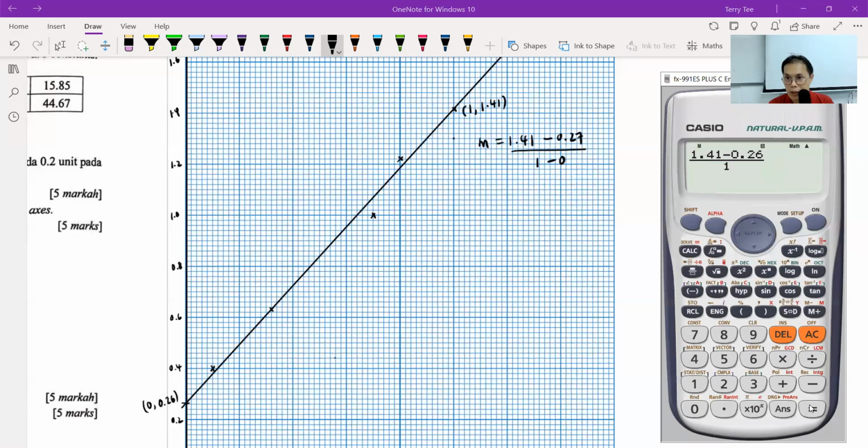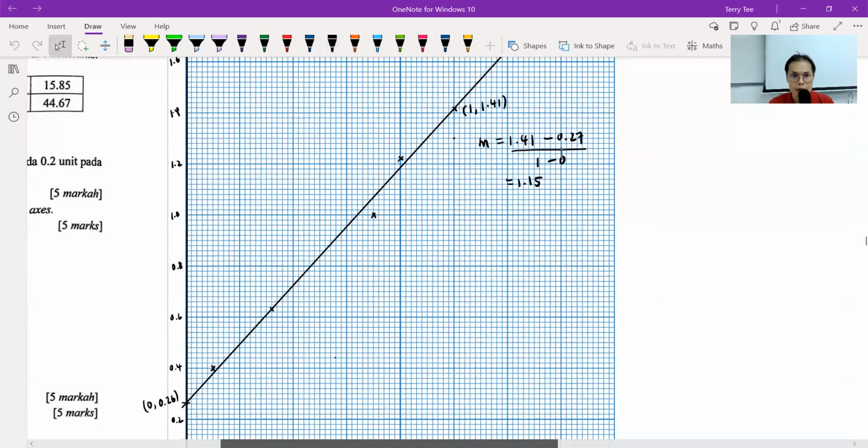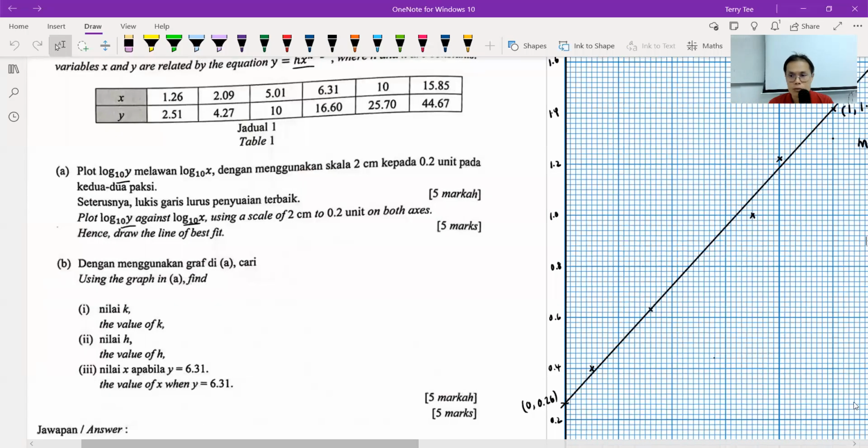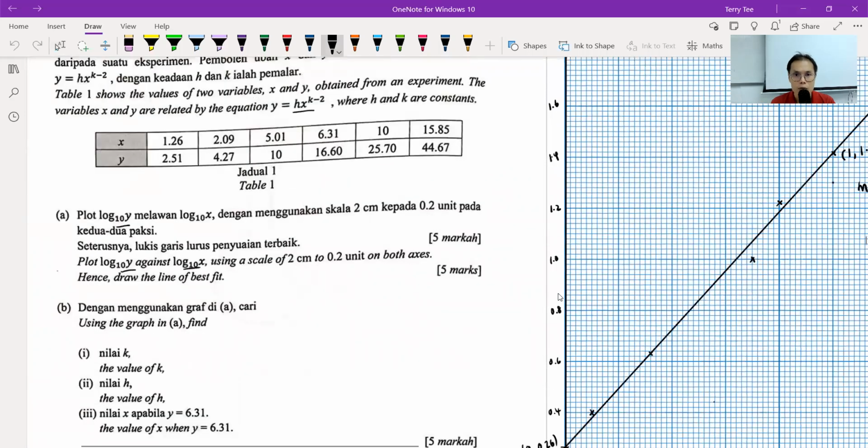So actually don't write divide by 1. I got 1.15. Okay, you may get 1.14, 1.15. That is my gradient. My y-intercept 0.26. Okay. All right. Now let's go back to the question. Now the question over here asks us to use the graph to find the value of P and Q. Now my original function, as you can see, is y equals hx to the power k minus 2. You're supposed to find the value of unknown h and k.